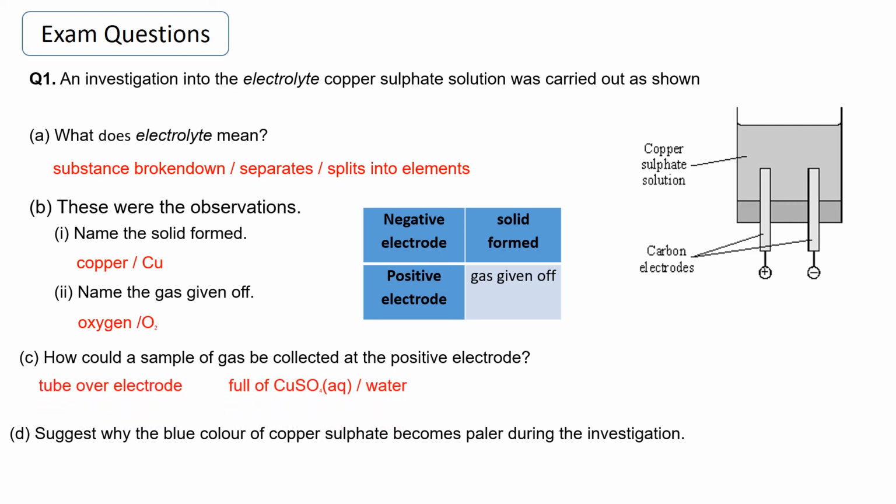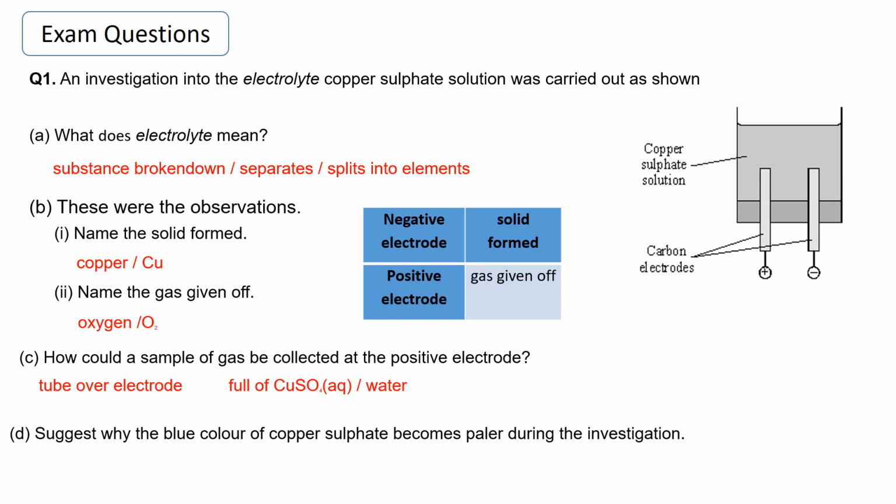How could a sample of gas be collected at the positive electrode? Put your test tube over the top of it, okay? But it would need to be full of liquid to start with. If you think about remembering collecting gas over water or counting the bubbles in photosynthesis, it's an inverted test tube that is full of the liquid that's already in the solution.